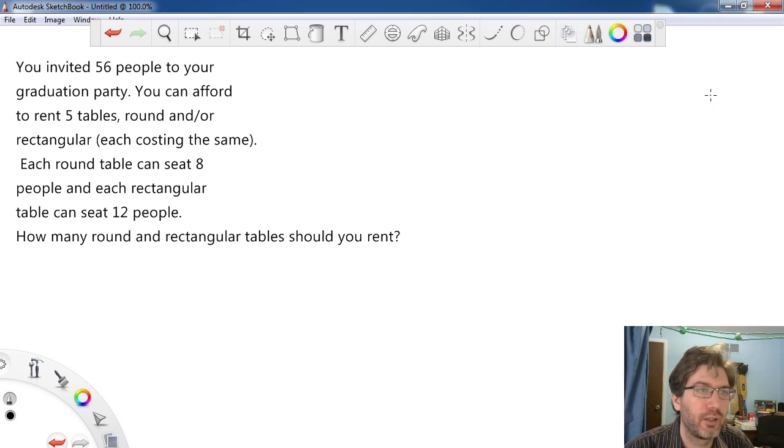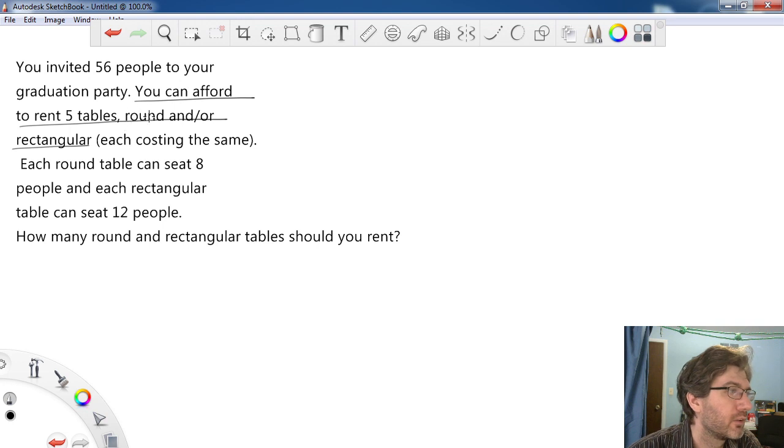This one's not too bad. Here we know that we have 56 people total. You can afford to rent 5 tables, so let's start with that.